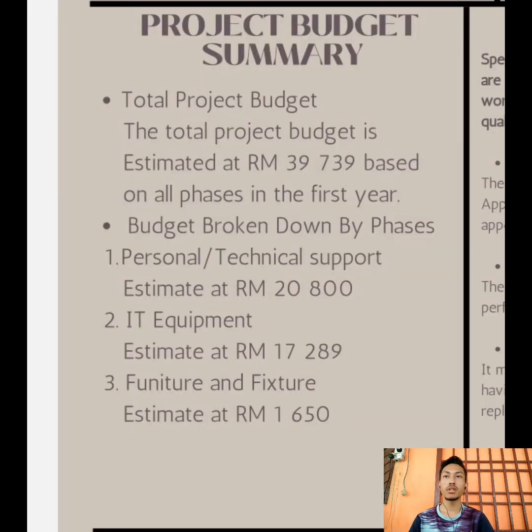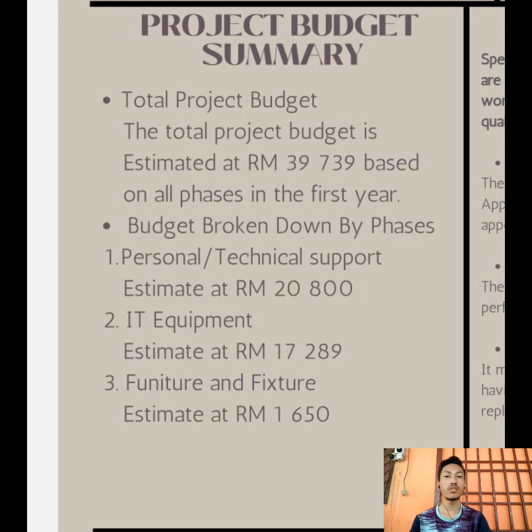For the project budget summary, the total project budget is estimated at RM39,739 based on all phases in the first year. For the budget broken down by phase, the first phase is personnel or technical support, which we estimate at RM2,800.